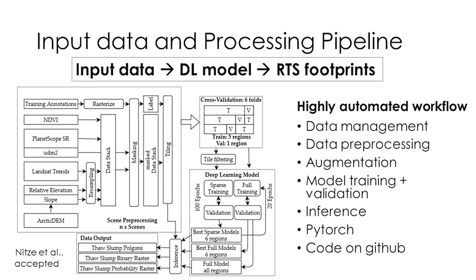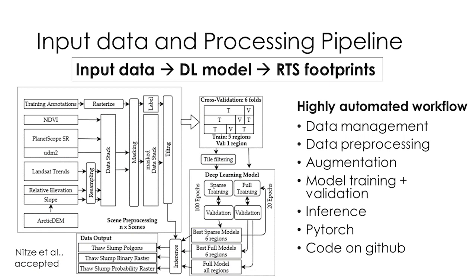The workflow also contains automated model training and validation, and inference, which means the final application of the model. So we put data into the model and receive footprints from unknown areas to really apply the model over large regions.